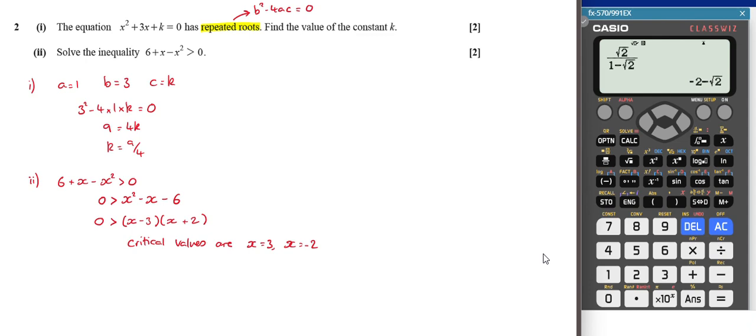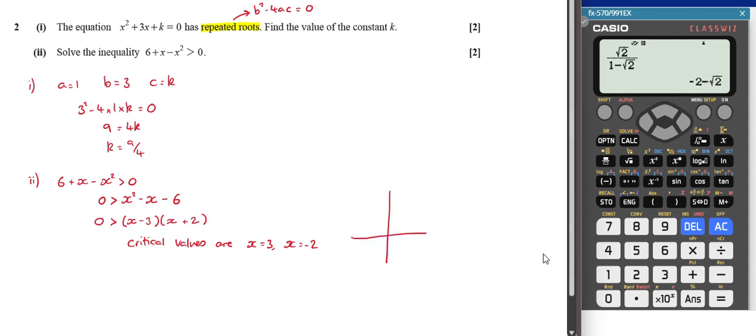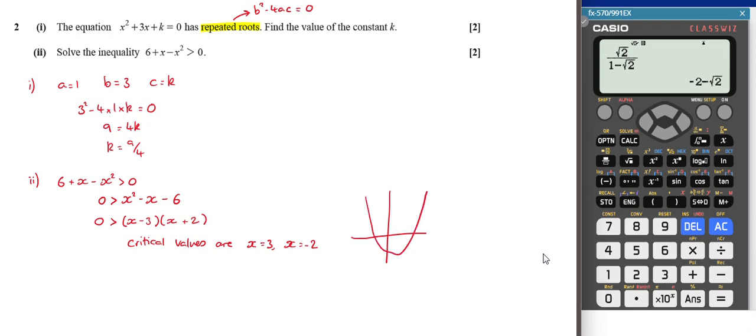I'm going to do a quick sketch to see what this looks like. So now I've got U-shaped, I'm going through 3 and minus 2. So it's going to look something like that. 3, minus 2, and I can pop in, I've got minus 6 as my y-intercept as well.